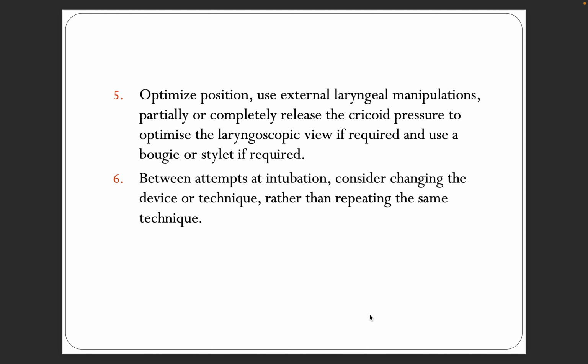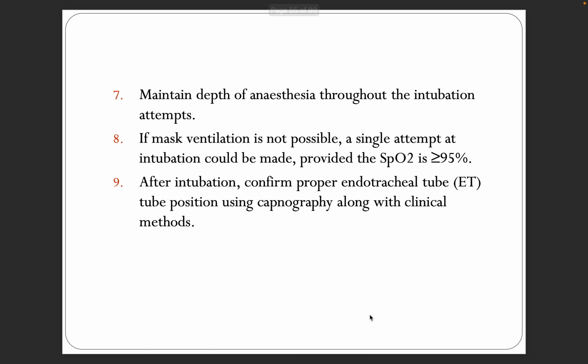In a few centers, use of a stylet is like a blanket protocol, but in our setting, we use a stylet only when we deem it necessary. Bougie also in situations where we cannot visualize the larynx at one go, in cases of anterior larynx. So the protocols might change from center to center.